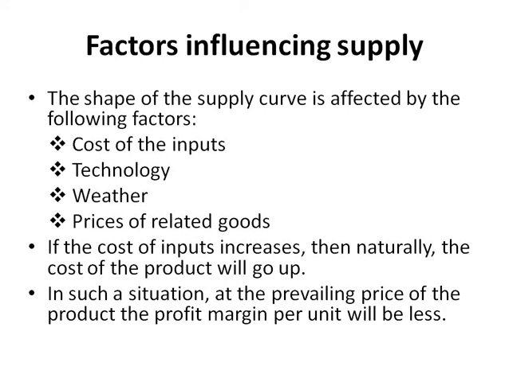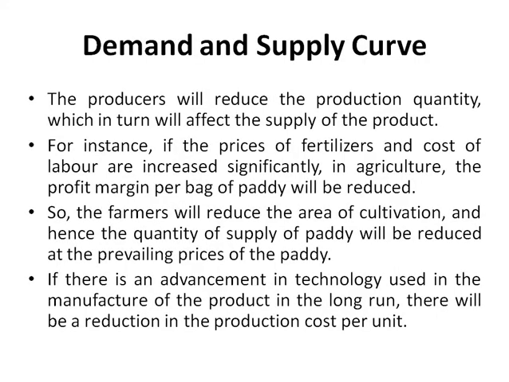So if the price of these inputs increases, then naturally the product cost will go up. In such a situation, at the prevailing price of the product, the profit margin per unit will be less. The producers will reduce the production quantity, which in turn will affect the supply of the product.